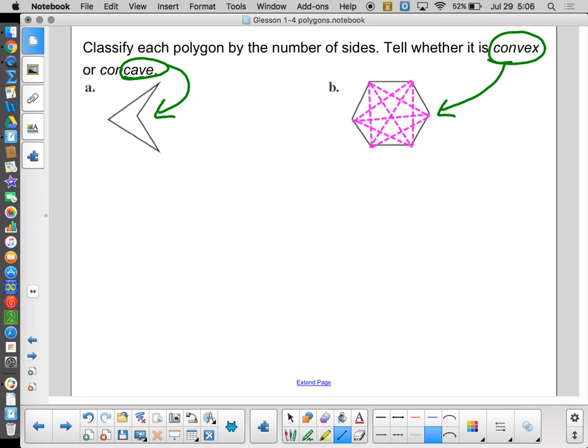Every one of those diagonals is inside the polygon, isn't it? That's convex. In concave, some of the diagonals are outside of the actual polygon. So that's another way to define convex versus concave. But most people just remember concave looks like a cave. It's caved in.